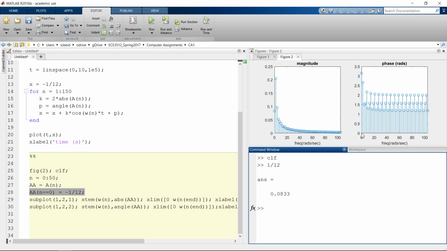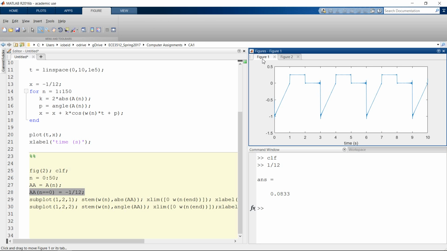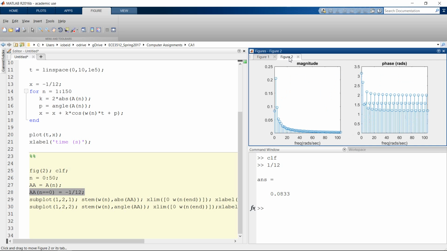And you can see that for the n equals 0 term, the phase angle is pi radians right there. Okay, so that's how we see our DC offset implemented. So remember, your DC offset can be positive or negative, but it has to have a positive magnitude. If it's a negative number, that just implements itself with respect to the phase.